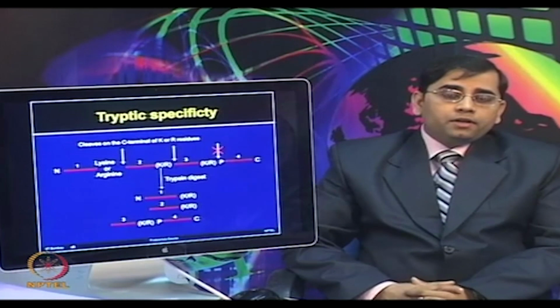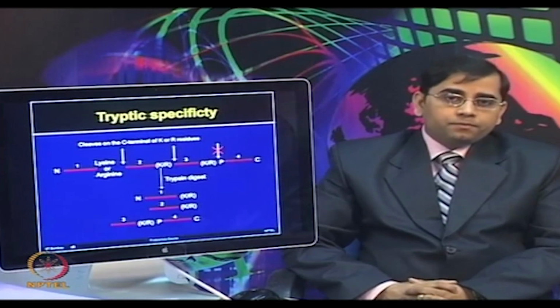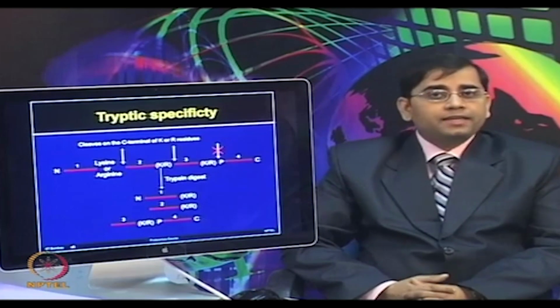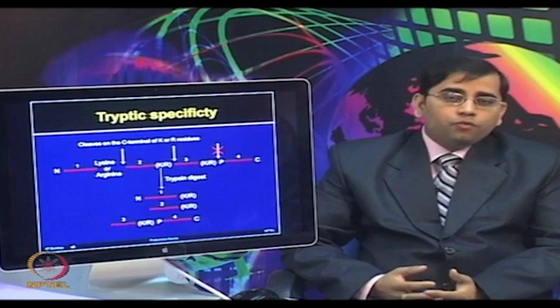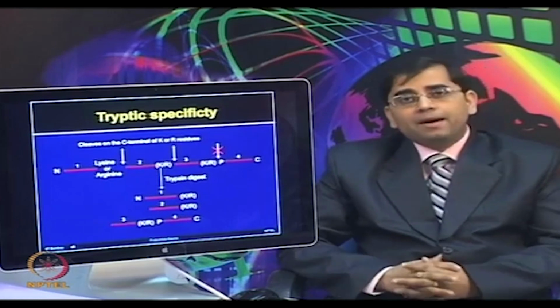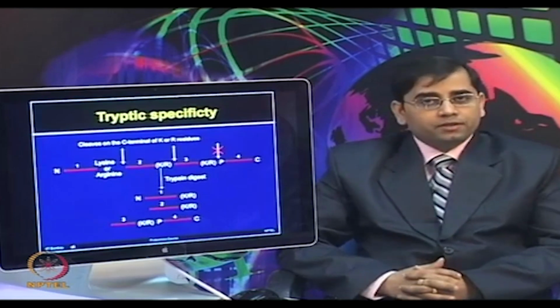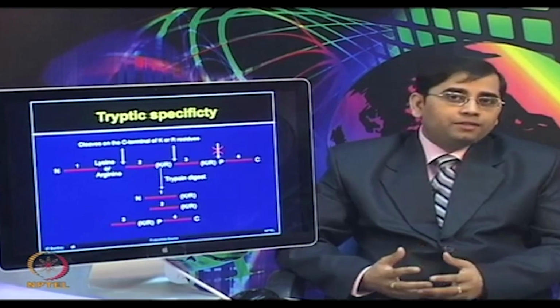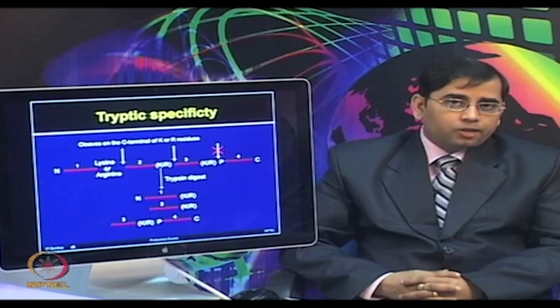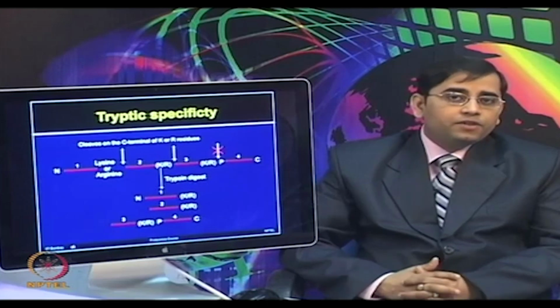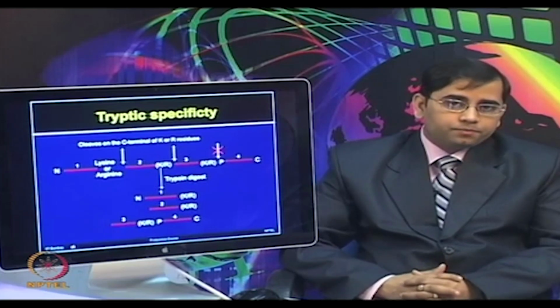Coming to the specificity of trypsin, first of all, let us discuss why we need to do the proteolytic digestion. You want to generate peptides with molecular weight within the mass range of the mass spectrometer. You always want to simplify the process, even for very superior analytical instruments, so that you can increase the efficiency of the process.